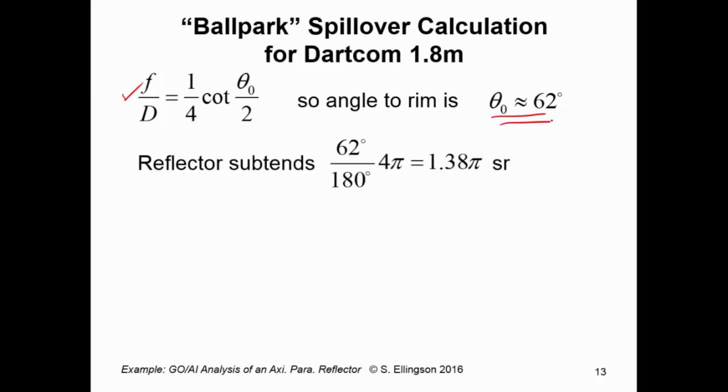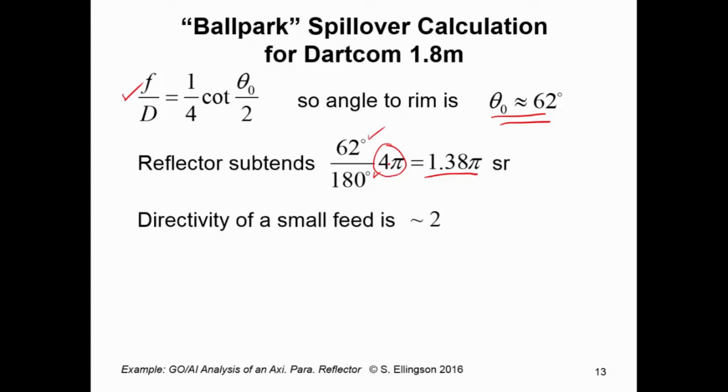The reflector subtends a solid angle of 1.38 pi steradians. You can calculate that by knowing that there are 4 pi steradians in a sphere, and the amount of the sphere that we're actually subtending is 62 degrees divided by 180 degrees. That's a very straightforward calculation once you realize the geometry.